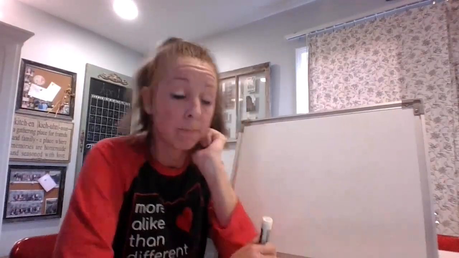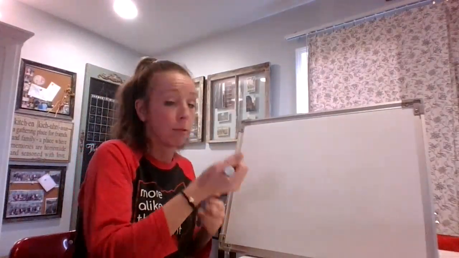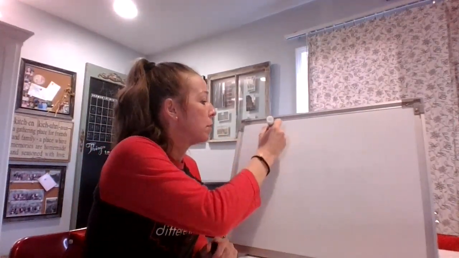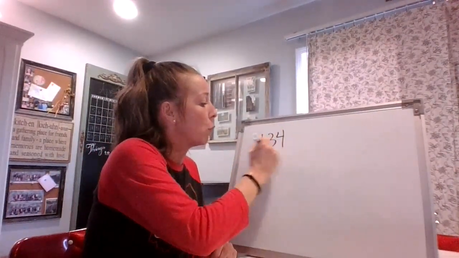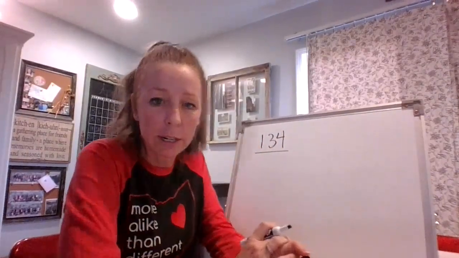All right. So, here's your question that you're going to figure out. Let's say I'm counting by tens, and I'm starting at 134. I'll write that down so you can put it on your paper so you are sure you have which number I am starting to count by tens from.